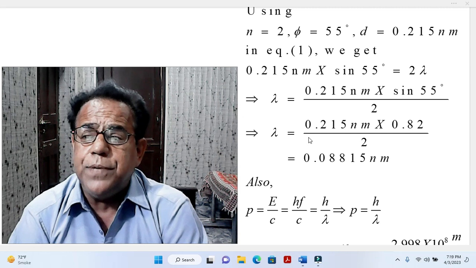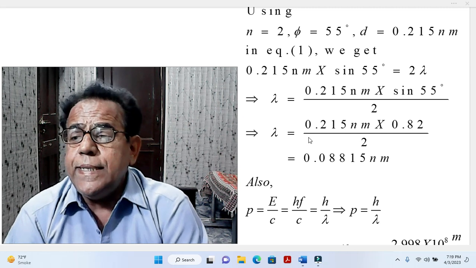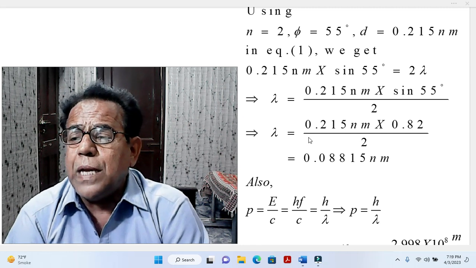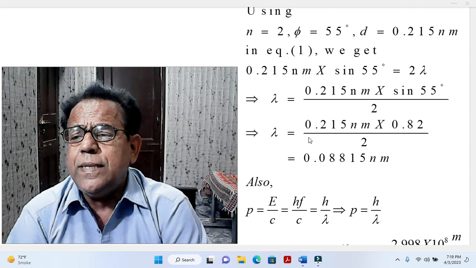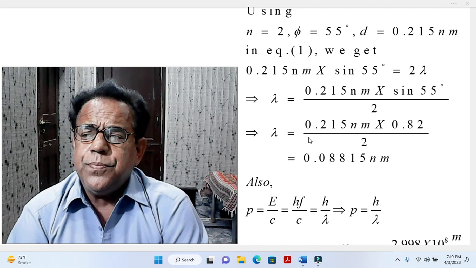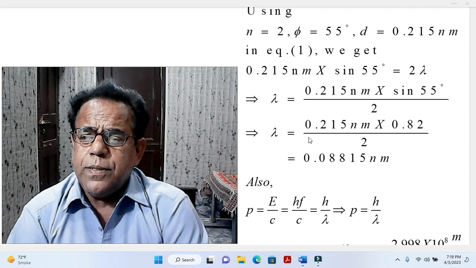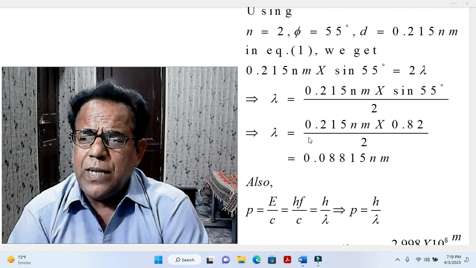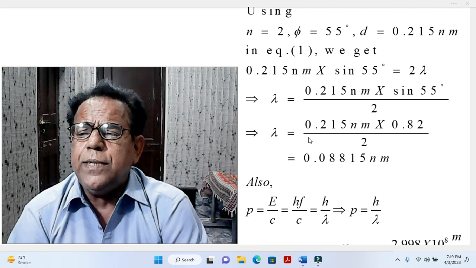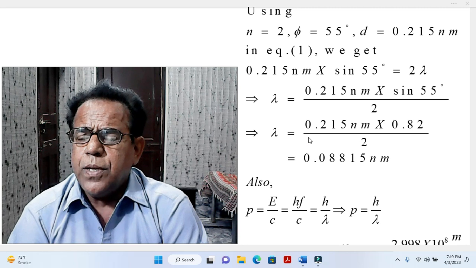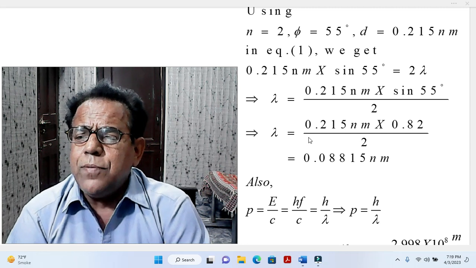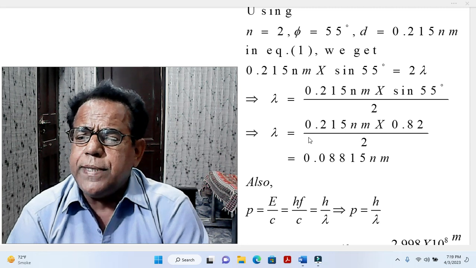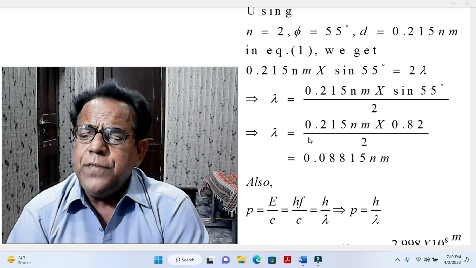And D is equal to 0.215 nanometer, which is a very rare value for me, about which I do not know enough. I have taken this value from the same book in which this problem is contained.